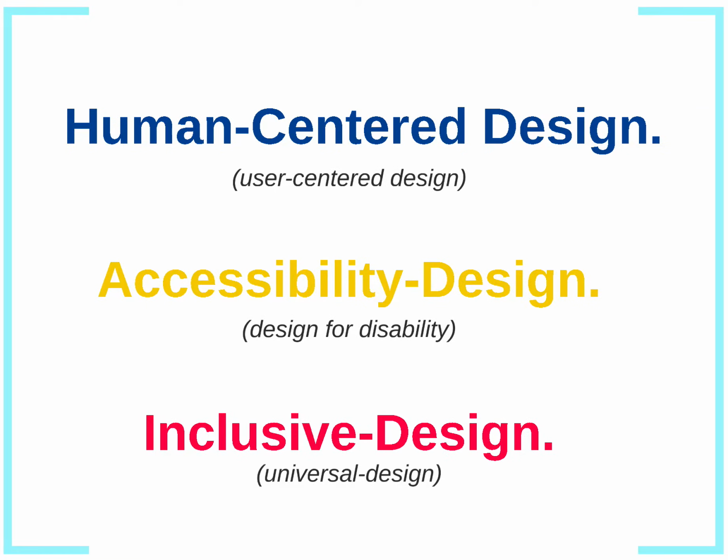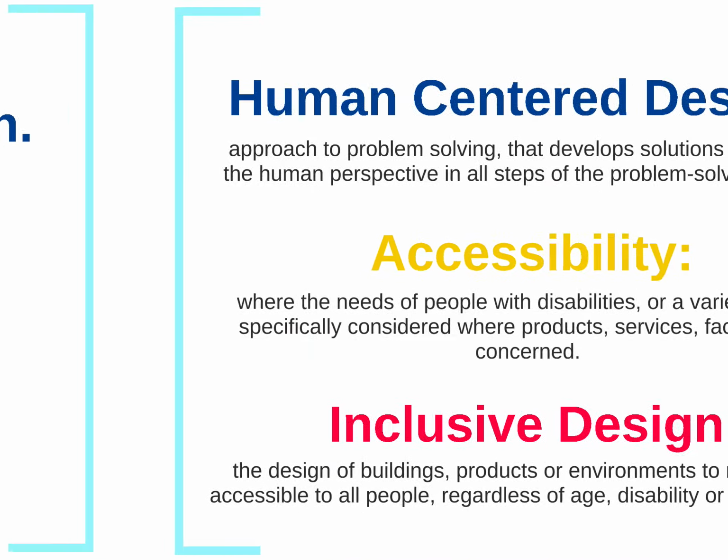There's a couple of terms, or three terms really, that are all intertwined. The first is human-centered design, and human-centered design tends to relate to the overall process. And you've got accessibility design, which is design for disability, and inclusive design. Now those terms tend to get moved around quite a lot, but they actually are quite different in terms of how they're used collectively.